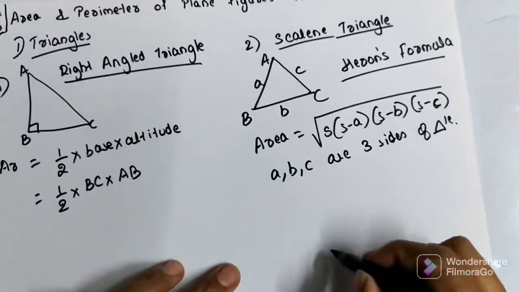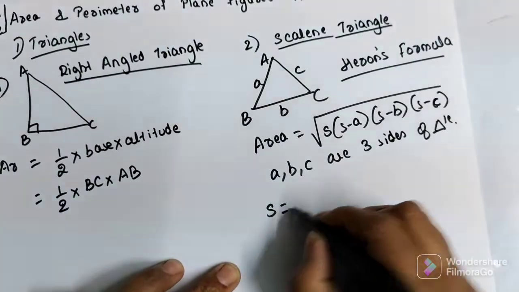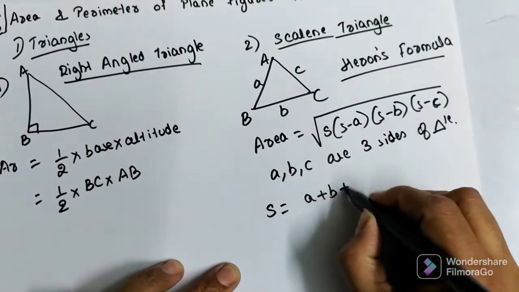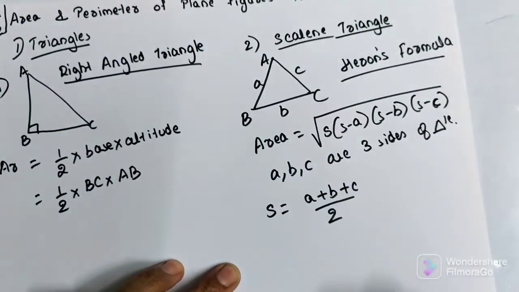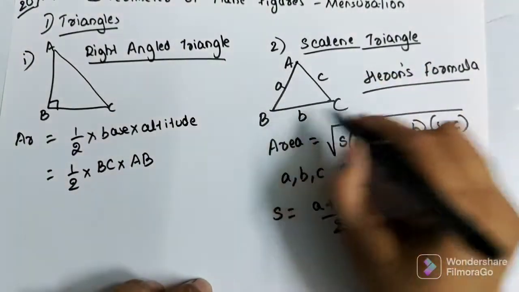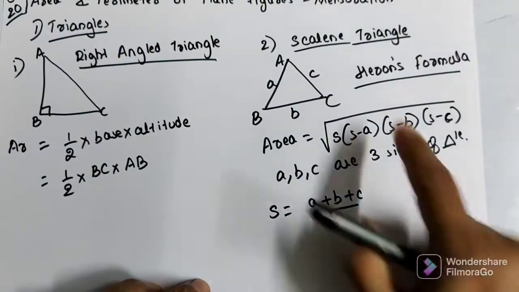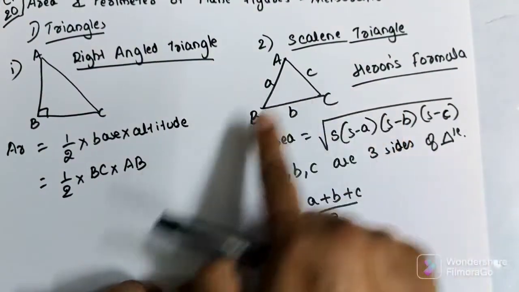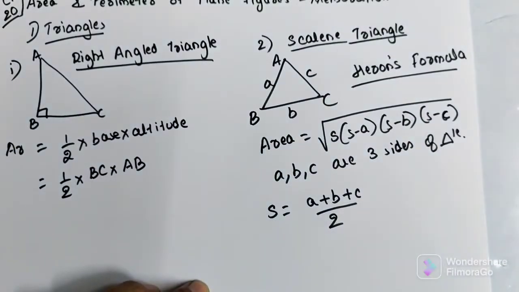Now what is S? S is nothing but (A plus B plus C) divided by 2. You can easily find S when you know all the three sides. So this is Heron's formula to find the area of a triangle.